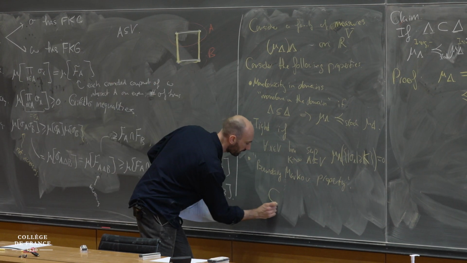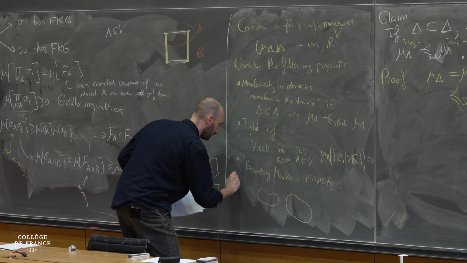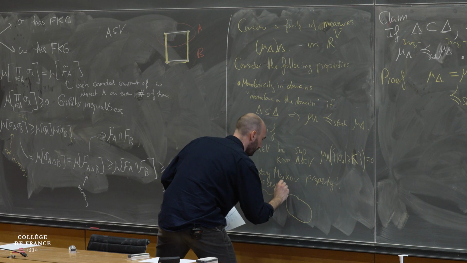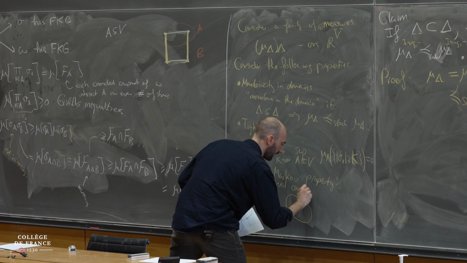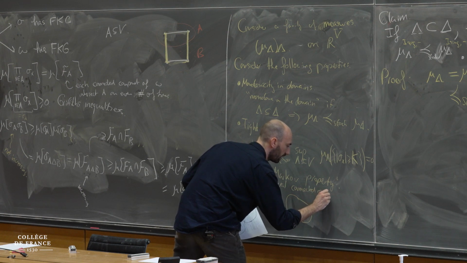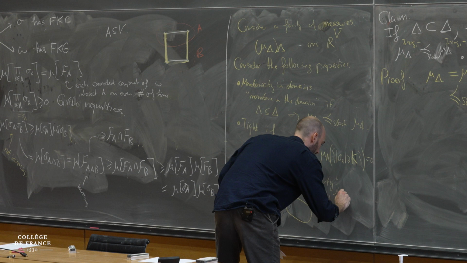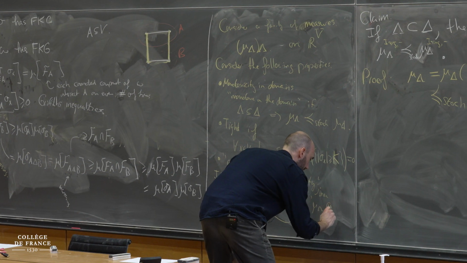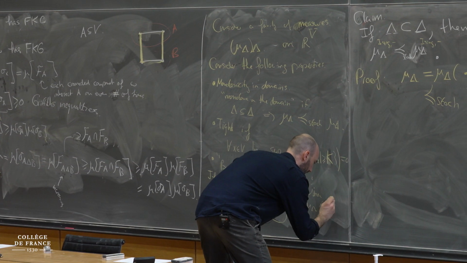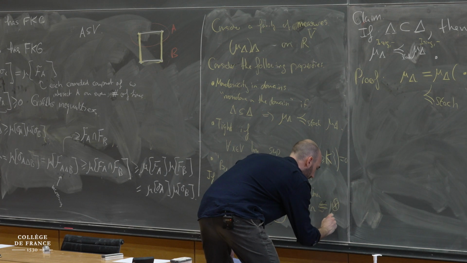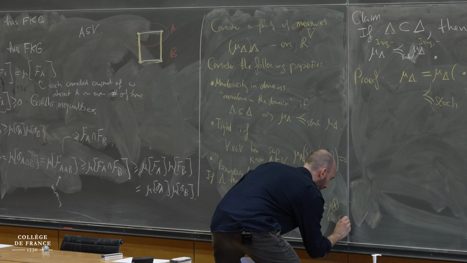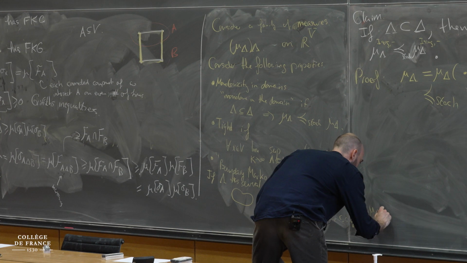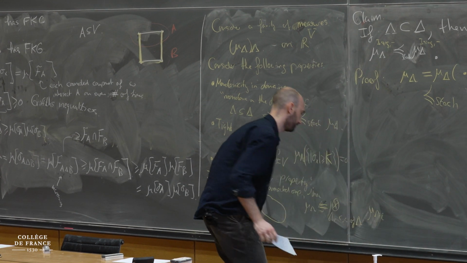Suppose that lambda has several connected components, then basically mu lambda is just a product over those connected components. Okay?